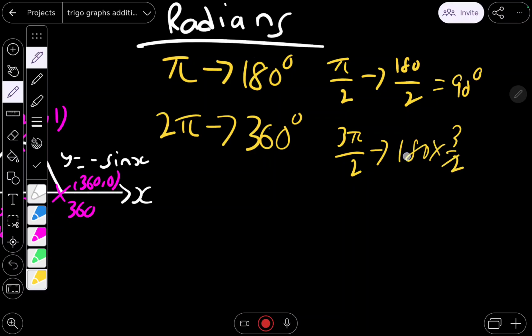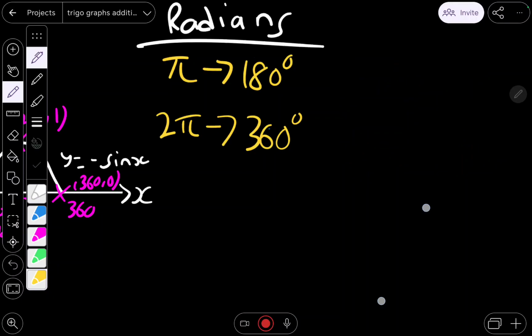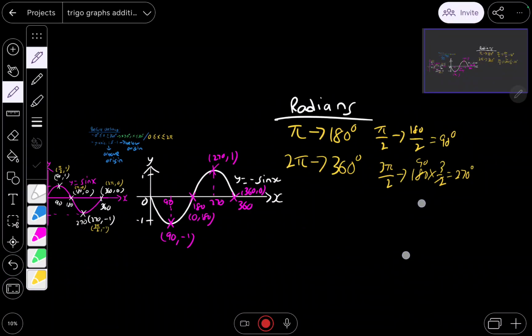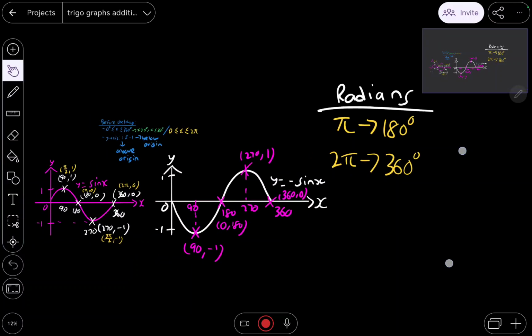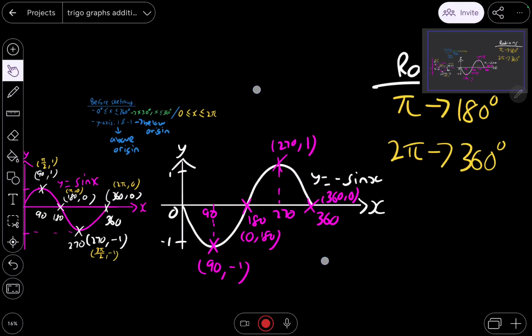That will give you 270. 90 times 3, 270 degrees. So that is for the degree to radian conversion. This is very important, especially in solving trigo. Not really necessary here; I would say the special angles part is more important, which I will cover together with proving.